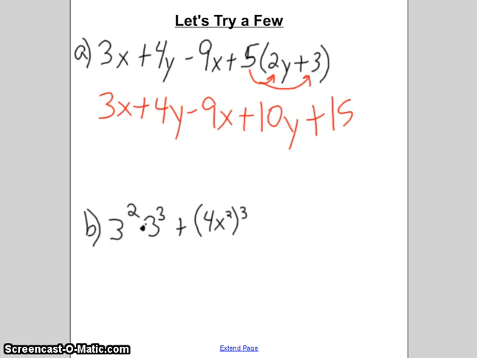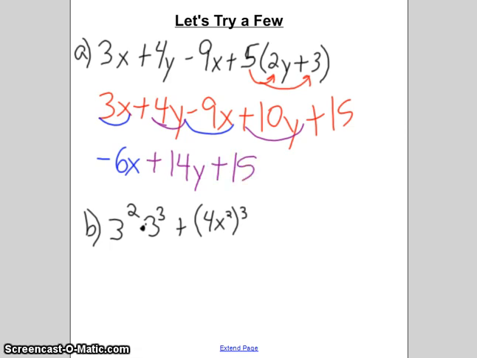And I'm going to combine like terms. Well, my like terms, I've got the 3x and the negative 9x. That's negative 6x. Then I've got the 4y and the positive 10y. That's plus 14y. And then I have my plus 15 because it has nothing to combine with.